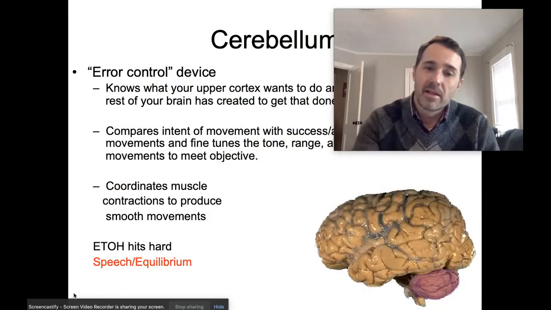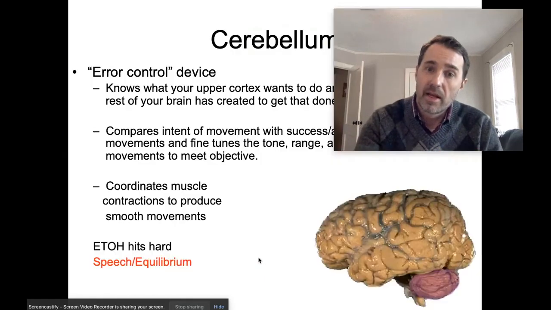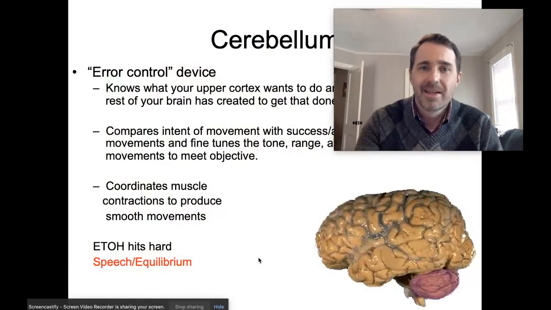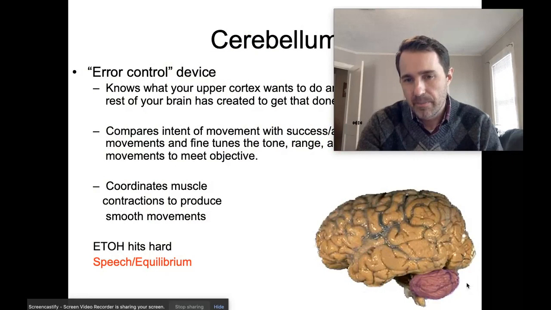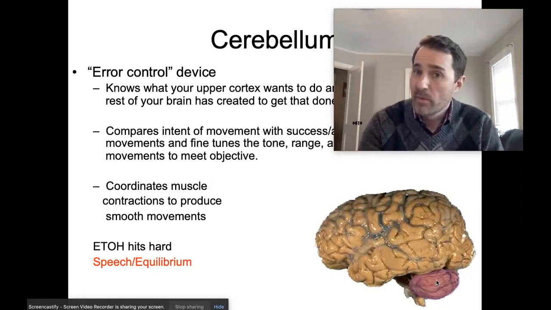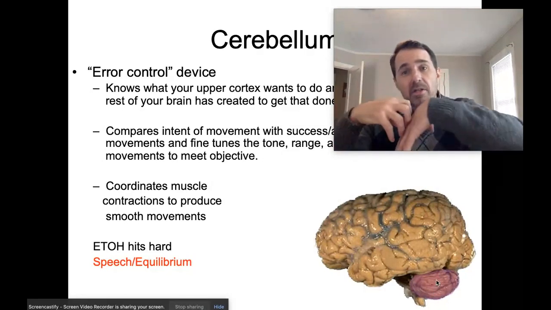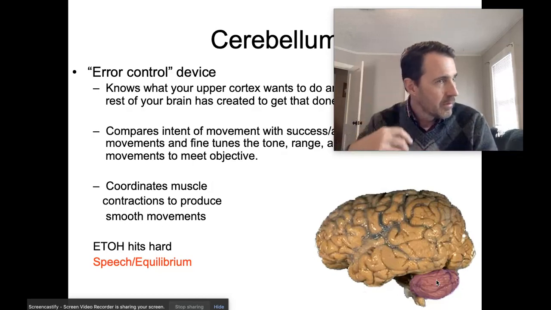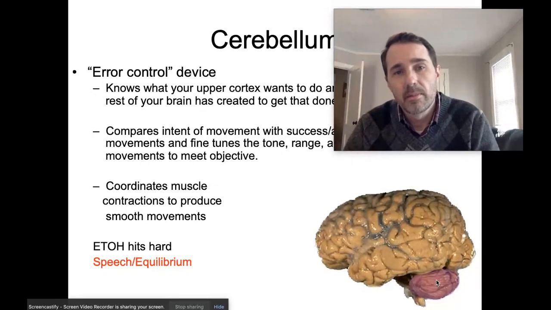All right, the last subcortical structure we're going to talk about, I believe, is the cerebellum. And it is this highlighted little piece of your brain back here that, as we've already said, is attached to the pons, and it's under the occipital lobes.